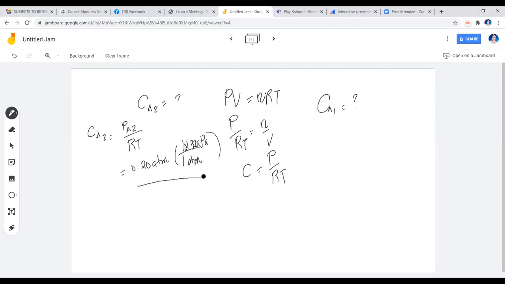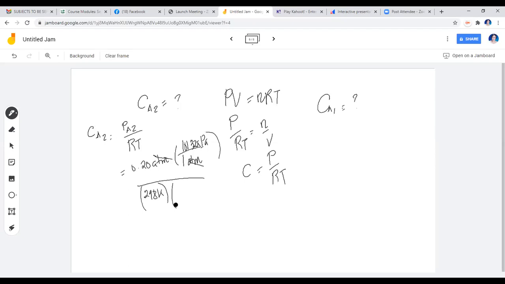So what should be the appropriate R here? If we have Pascal and atm, I cancel the atm now. And the temperature given in the problem is 298 Kelvin.